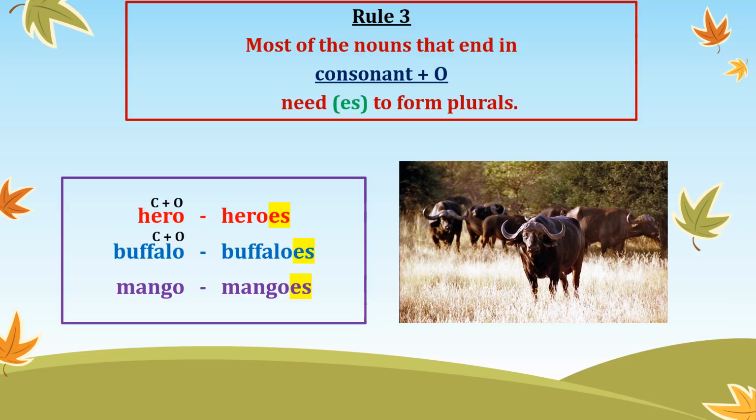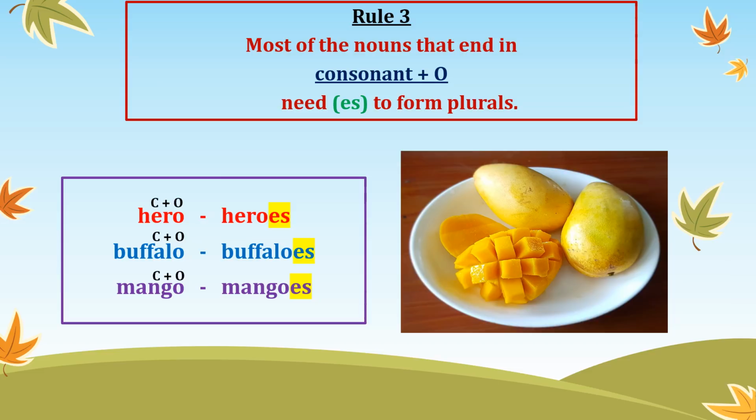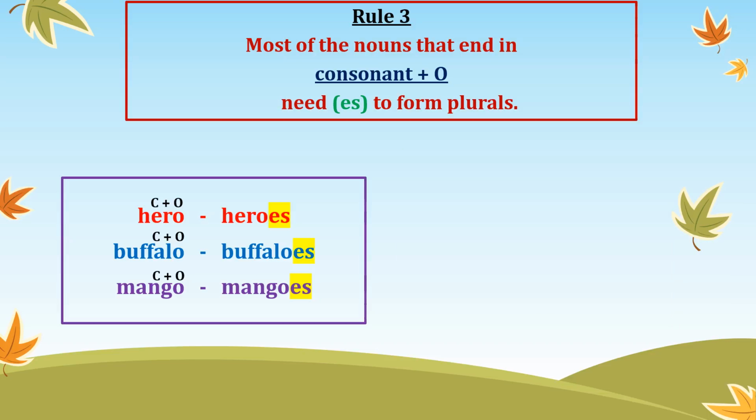So that means you have to add es to make it plural. Buffalo will become buffaloes. Mango again has o in the end and just before o there's a consonant. So again add es to make it plural and mango will become mangoes. So rule number 3 says if in the end you have a consonant plus o, just add es to make it plural. It's that easy.